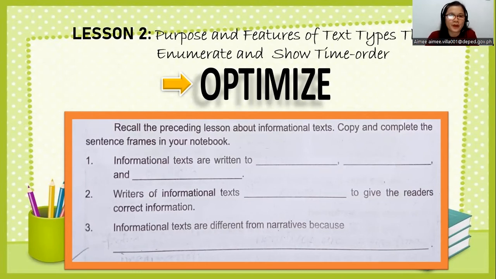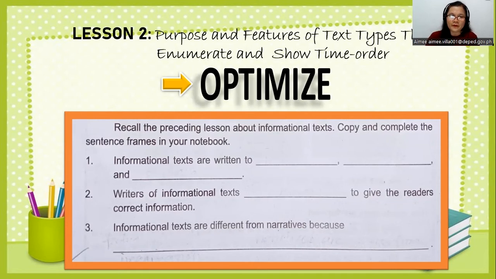Number 2, writers of informational texts study, research, and investigate to give the readers correct information. So they're doing research, they study so that they can give the readers the correct information.